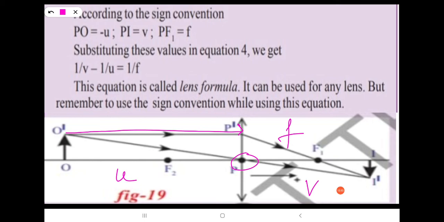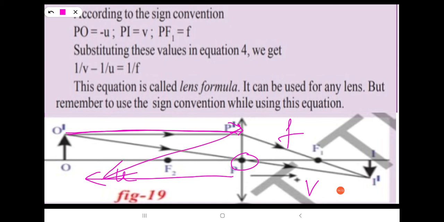Here the direction of the incident ray and the object distance are on opposite sides. We measure the object distance in this direction and the incident ray is in this direction. So these two are in opposite directions.